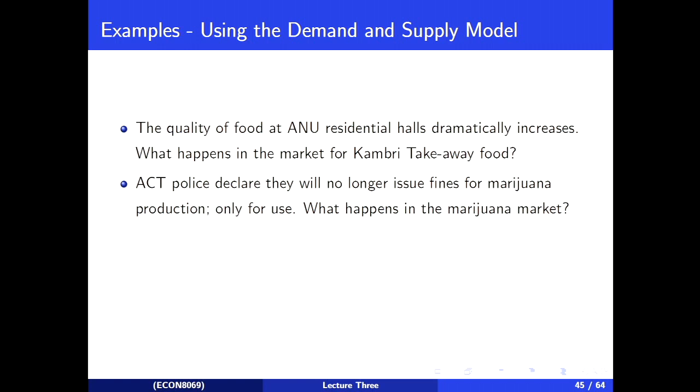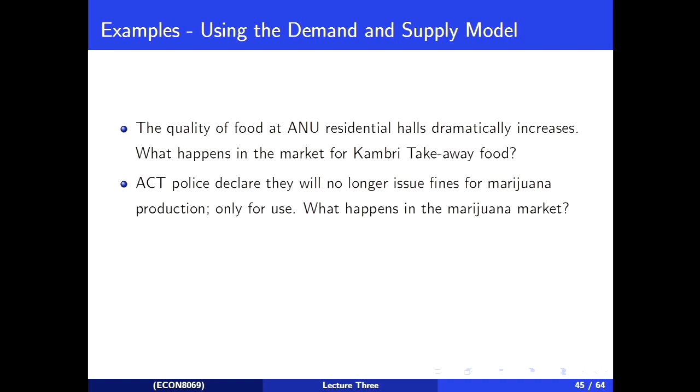They will no longer issue fines for production, they will only issue fines for using marijuana. What do we think? Who thinks this will affect the demand for marijuana? Supply of marijuana? Lots of people, excellent.